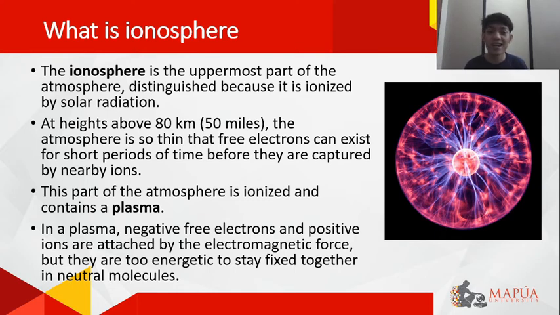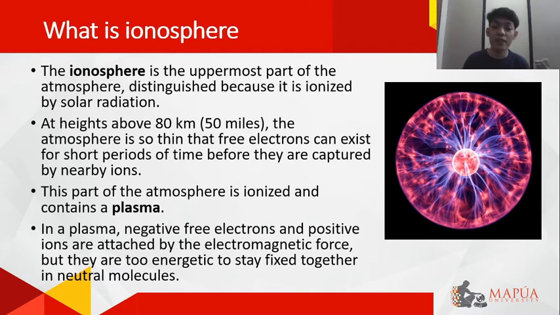The ionosphere is the uppermost part of the atmosphere, distinguished because it is ionized by solar radiation. At heights above 80 kilometers or 50 miles, the atmosphere is so thin that free electrons can exist for short periods of time before they are captured by nearby ions. This part of the atmosphere is ionized and contains a plasma.